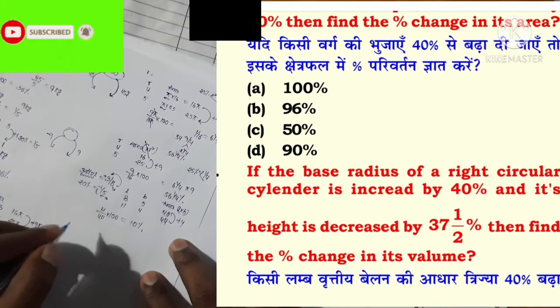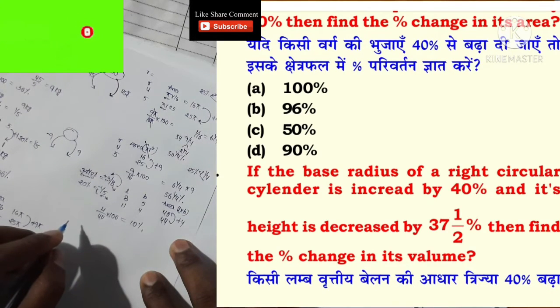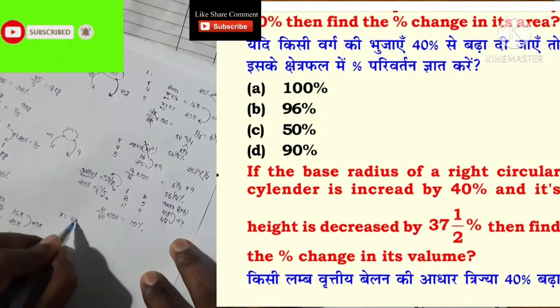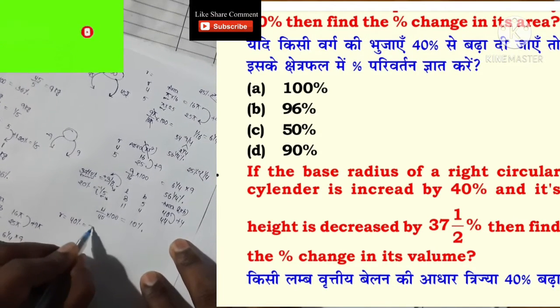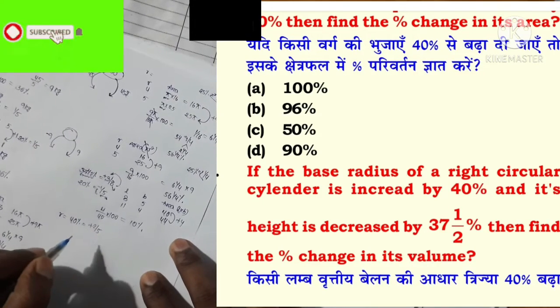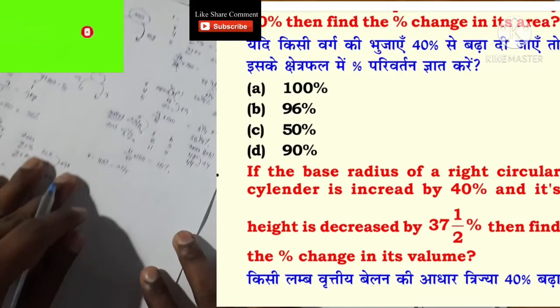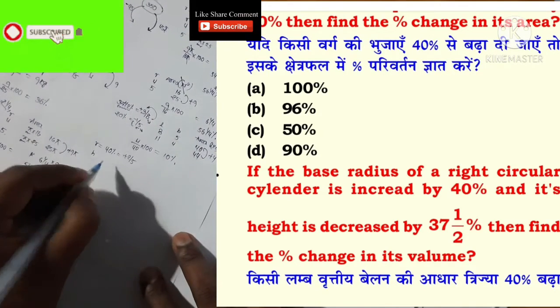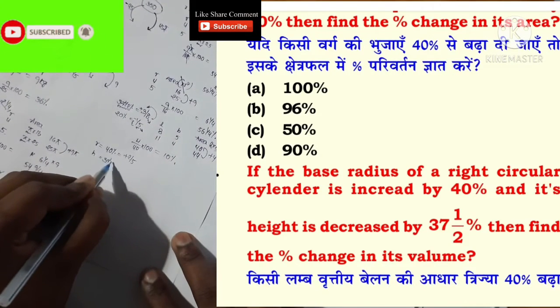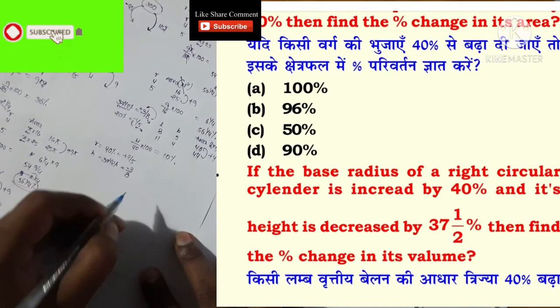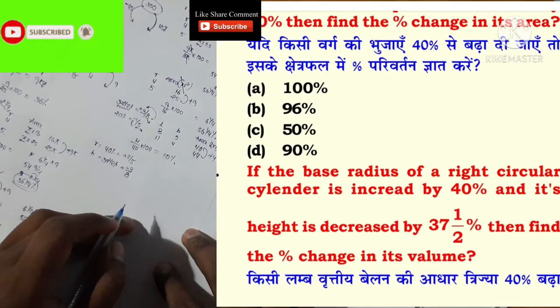Radius is increased by 40%. 40% can be written as 2 by 5, and its height is decreased by 37.5%. So 37.5% can be written as 3 by 8.